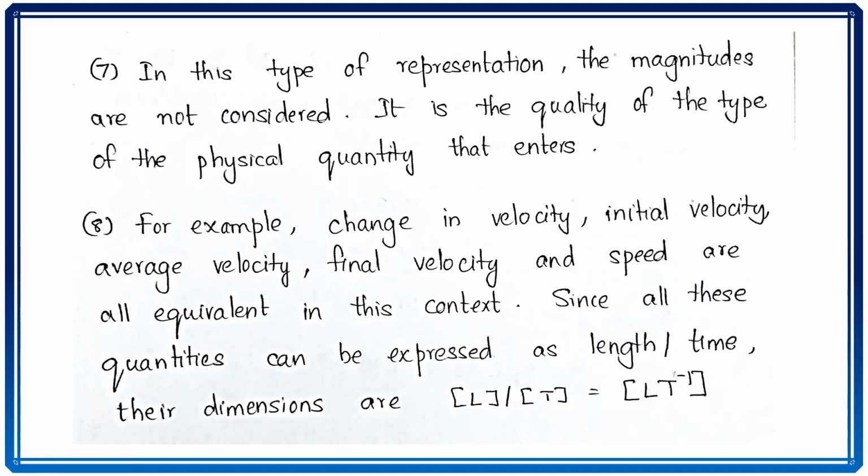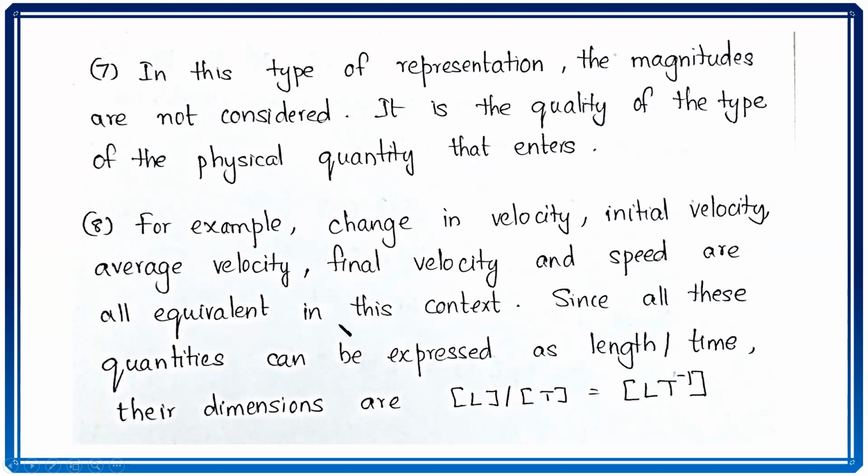I will explain it. For example, take change in velocity. In the coming days, in the third chapter, you will see acceleration is rate of change of velocity. Then we will take v minus u, that is change in velocity, or initial velocity given by a small letter u, average velocity v bar, final velocity given by the letter v, and speed, which is a scalar.